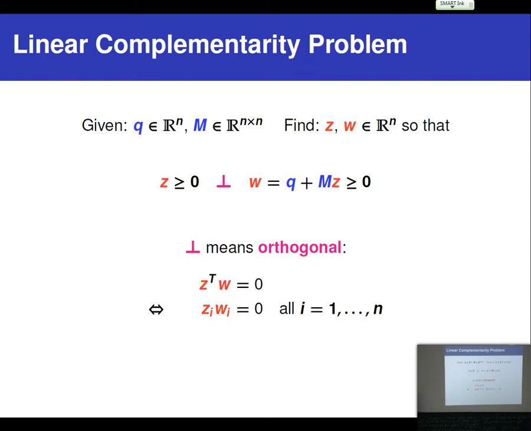Okay, so what's a linear complementarity problem? The data of the problem is a square matrix M in dimension n, and an n-vector q.